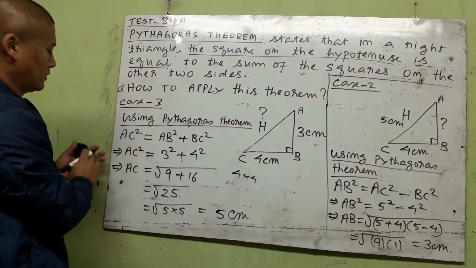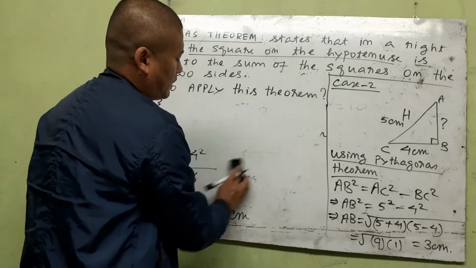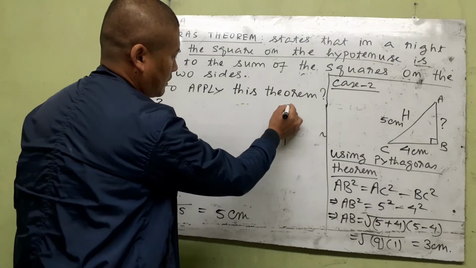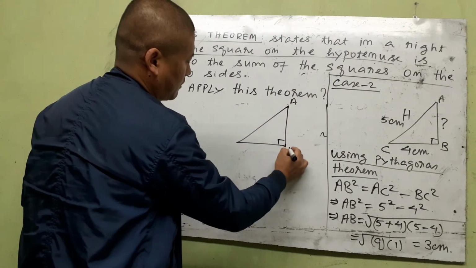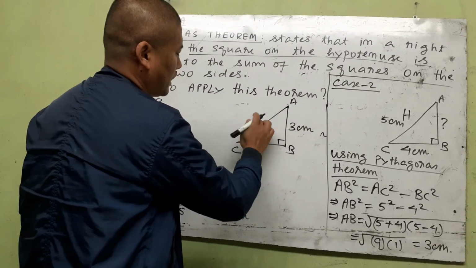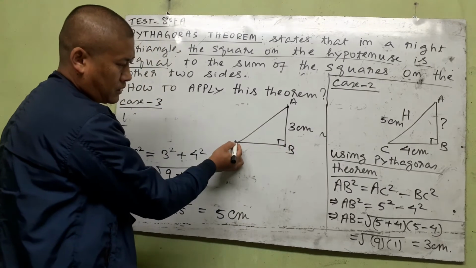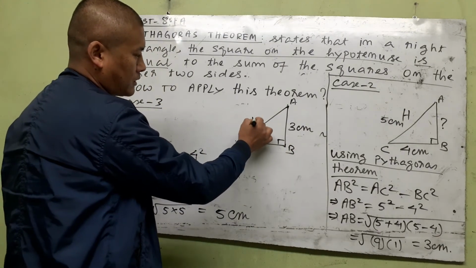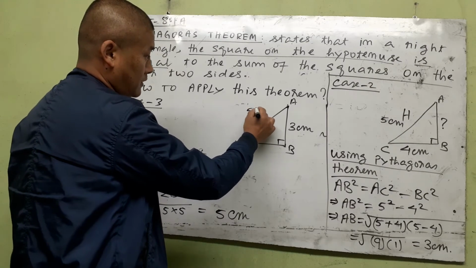Case 3 is, let us say, we have a right triangle again, A, B, C. Let us say this time we know 3 centimeters and the hypotenuse. The two arms of the 90 degree are BA and BC, so the one which is not the arm is the hypotenuse, which is AC. The hypotenuse is also known to us, 5 centimeters, let us say.